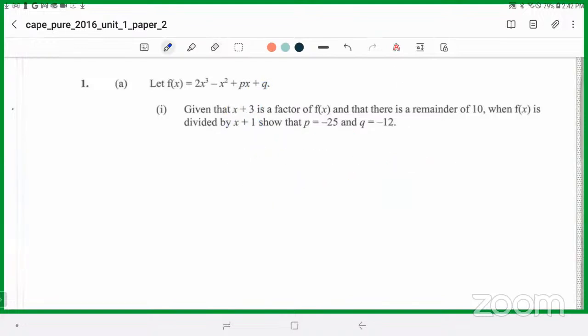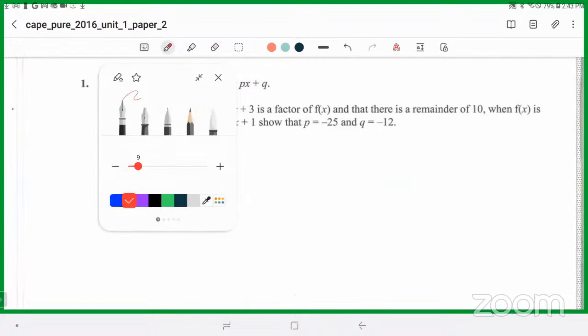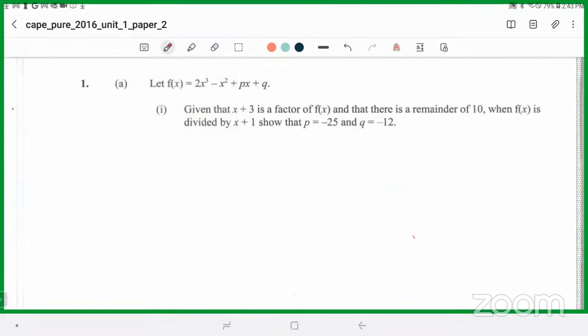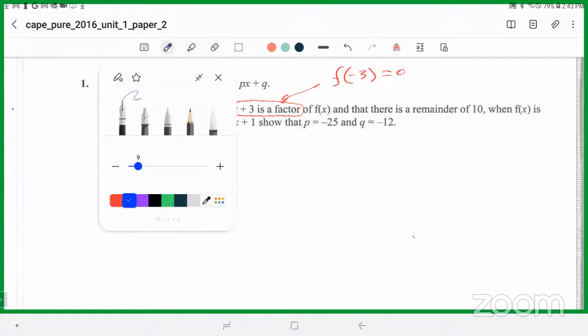Let me summarize it right here for you. This factor means that f of -3 is 0. That's going to be one equation. This is the remainder that I get from this divisor, in a different color, blue.